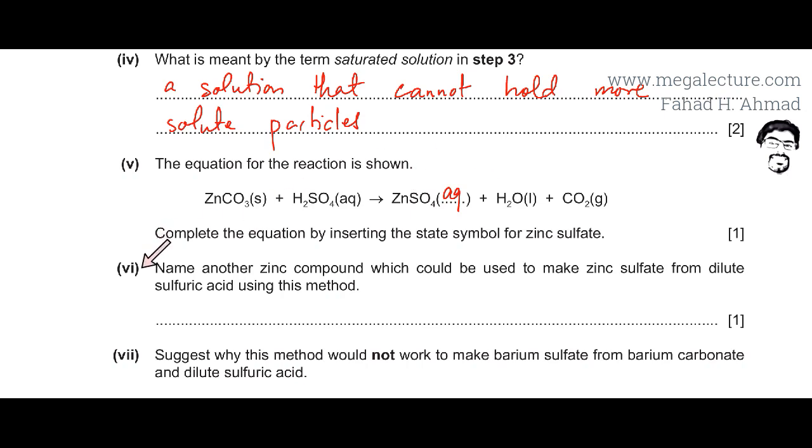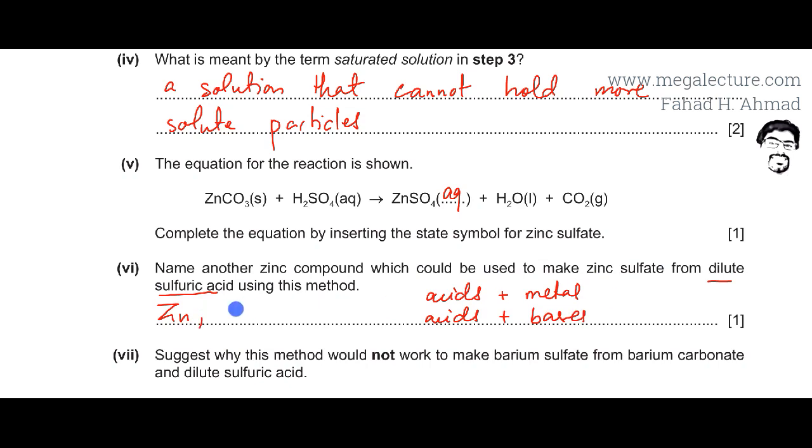Now, part 6 is talking about: name another zinc compound which could be used to make zinc sulfate from dilute sulfuric acid using this method. Now, remember, we're using sulfuric acid. Acids can react with metals to produce the same salt. So we can think of zinc metal. Zinc metal would react with acids in the same way, sulfuric acid, and produce zinc sulfate. Acids can also react with bases to produce the same salt.